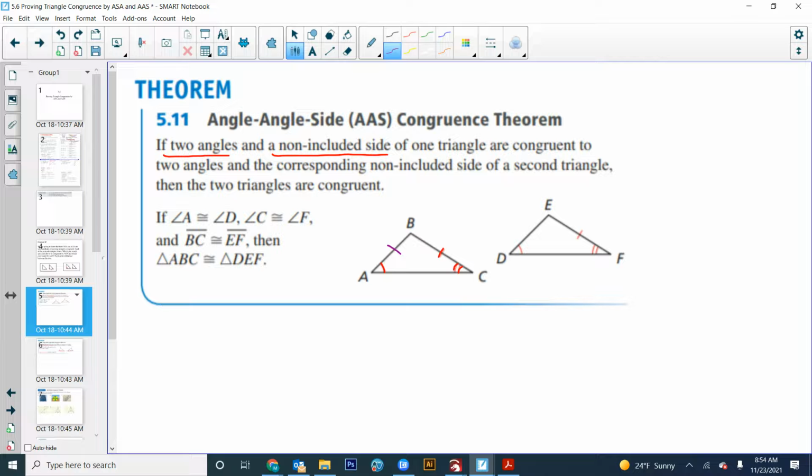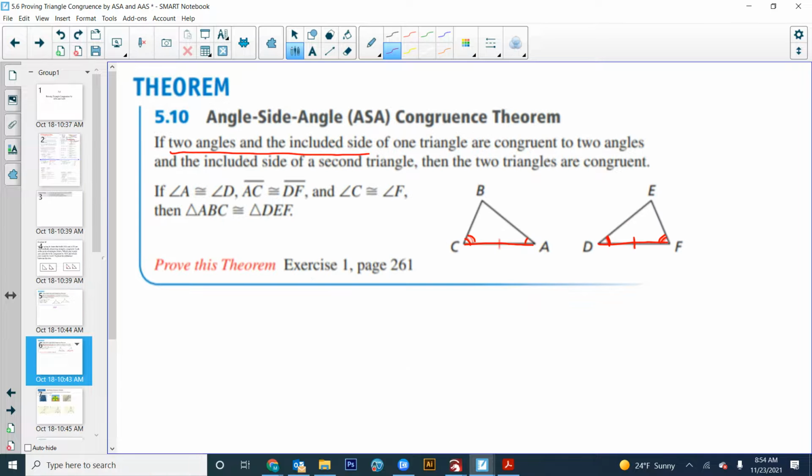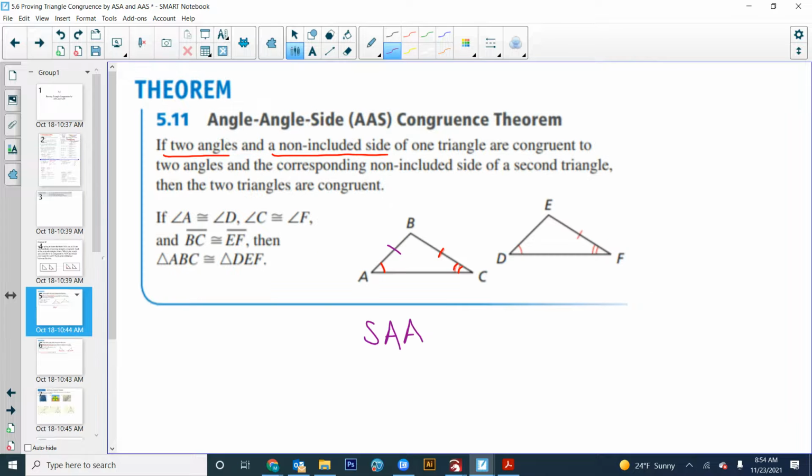What if someone said, no, that's SAA? You can flip it over. Good. AAS is the same as SAA. Just like ASA is the same backwards. It's all about the emphasis.